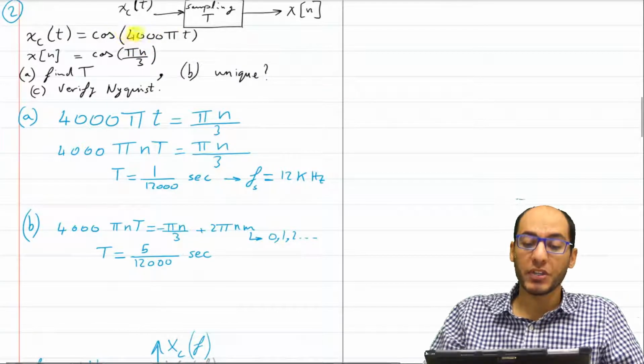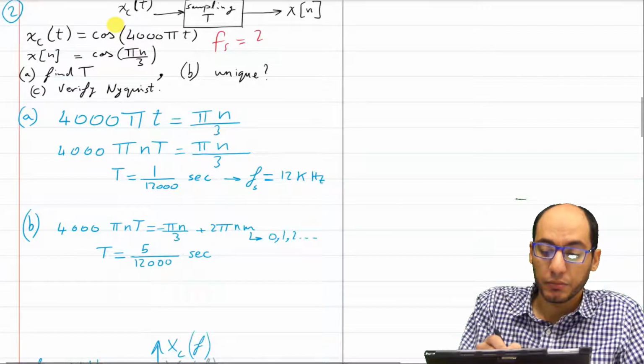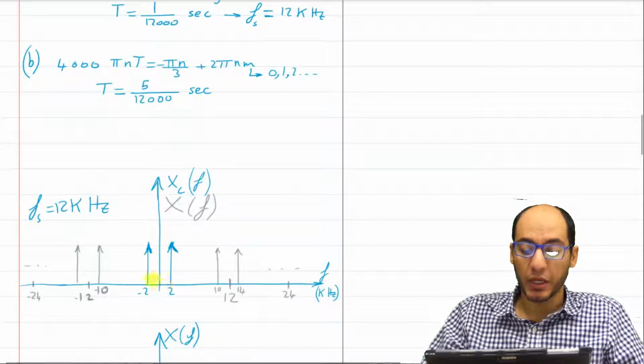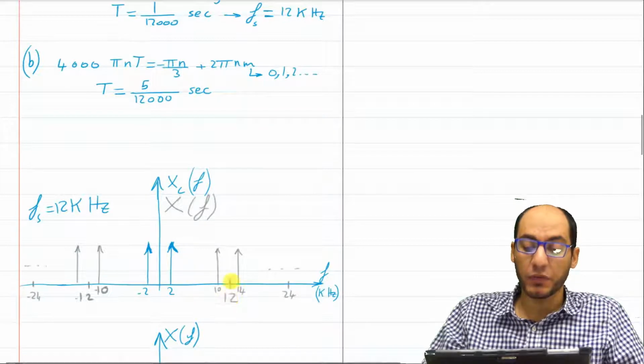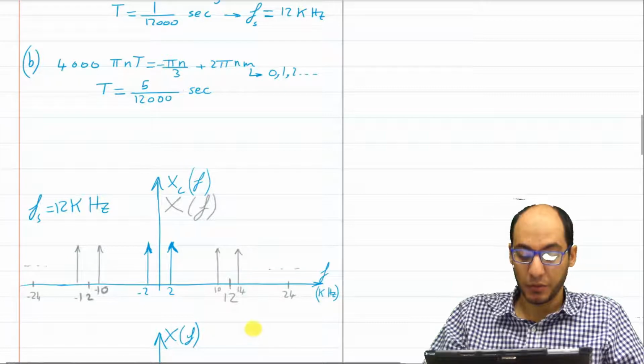Why is it 2 kilohertz? Because fs here is equal to 2 kilohertz. Then you have 2 and -2. These are the two deltas. And if you would like to sample it, then you need to repeat it every 12 kilohertz. The 12 kilohertz is the sampling frequency, and this is why I have repeated it every 12 kilohertz, and this is why I got these replicas.